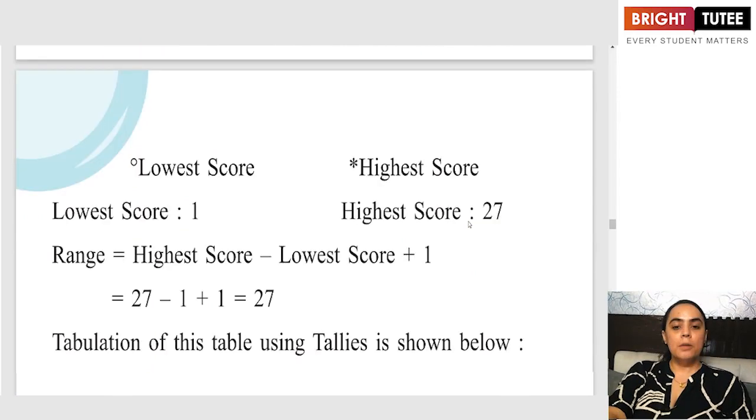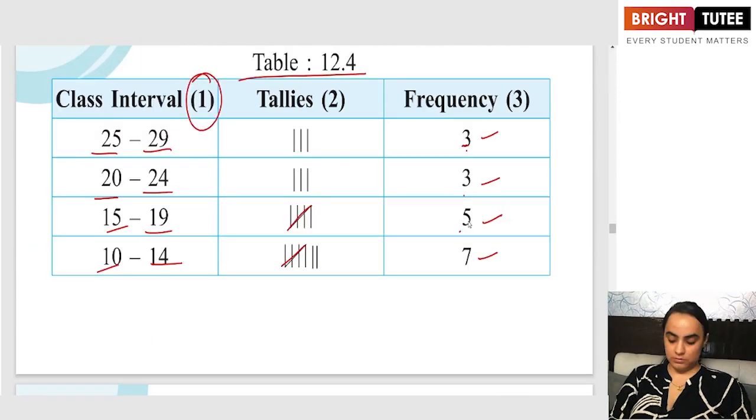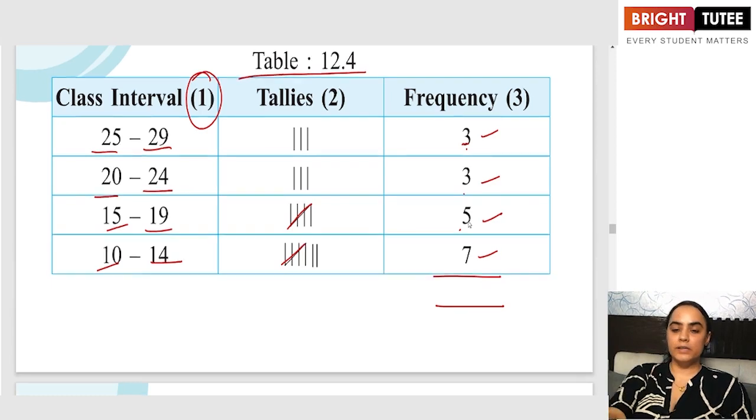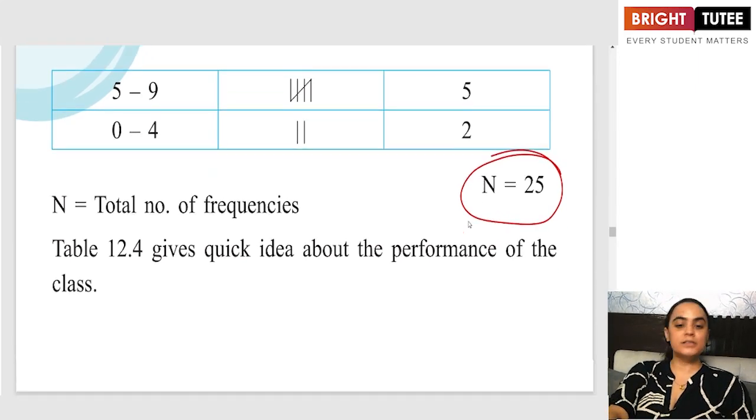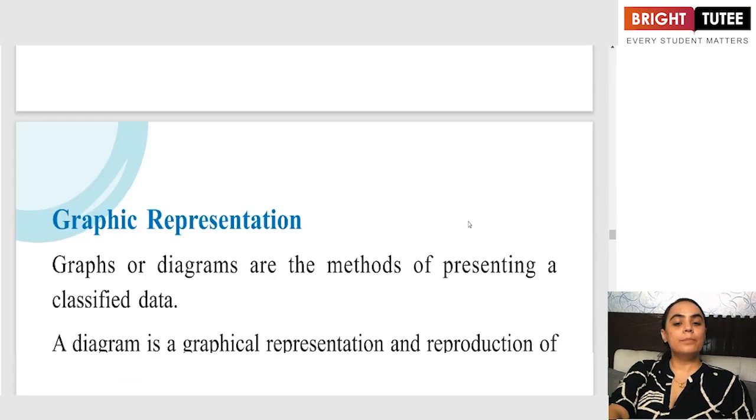My frequency should always total the number of students. This total should be 25. If the number comes out to be 25, this is how you're going to know that the frequency that you have calculated is correct. Alright, so this is how we tabulate the data.